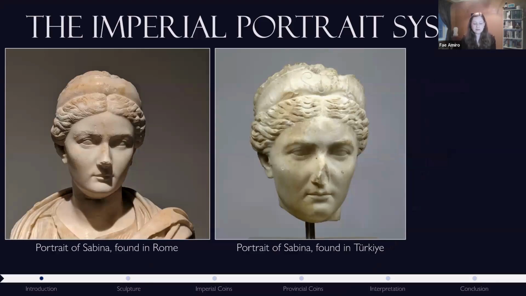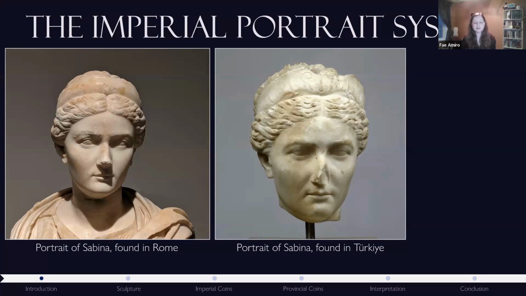Since antiquity, portraits of the emperor and his family have been one of the most recognizable forms of Roman art. In a world before photographs or videos, these images were, like us today, for most of the subjects of the Roman Empire, the only way they actually ever saw their rulers, regardless of how accurate or inaccurate that image may have actually been.